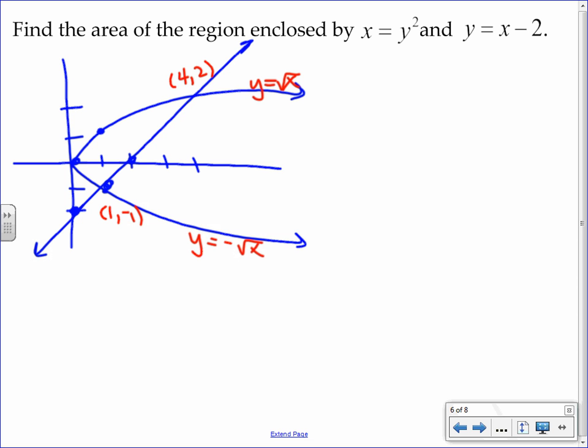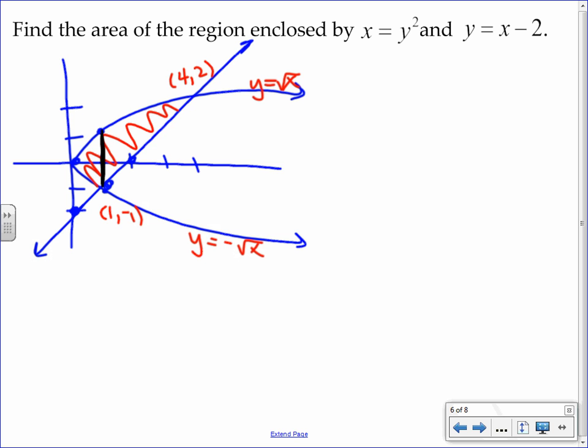Okay, let's look right here. What's our top function? Okay. Our bottom function is different from here to here, isn't it? Our bottom function is not always that line, is it? So we're talking about this area right here, but we're going to have to split it into 2 chunks.